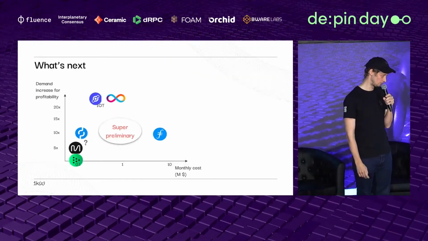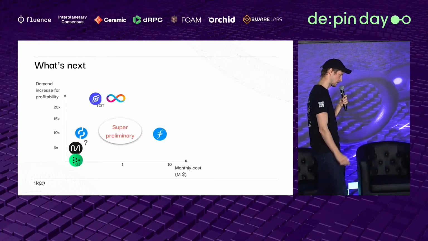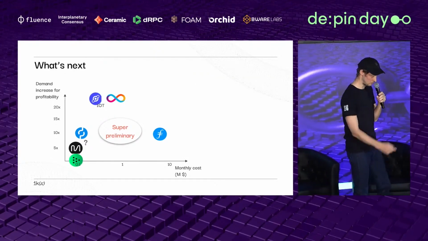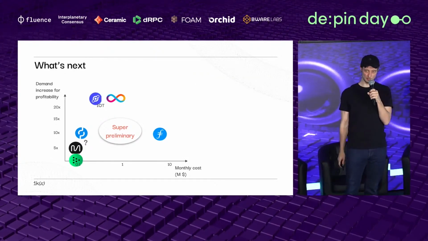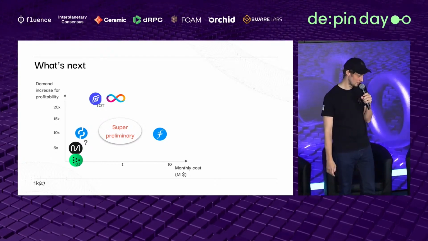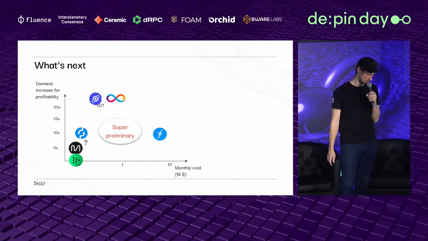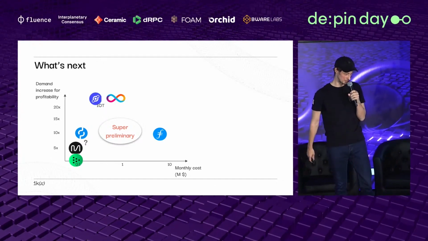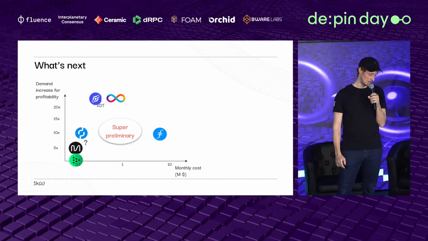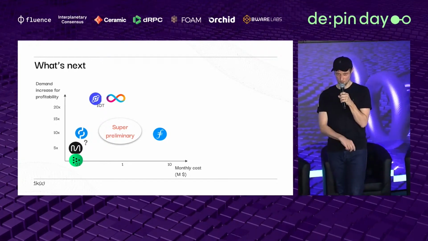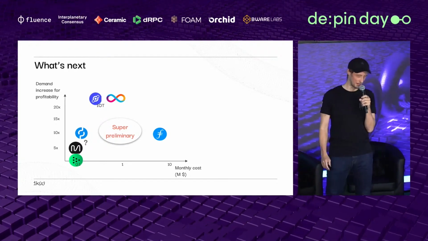So yeah, coming to an end here, what's next? We obviously did this exercise and continue doing this exercise with various networks. On the x-axis you can see the rough estimate of the monthly cost. And you can plug a bunch of things on the y-axis.